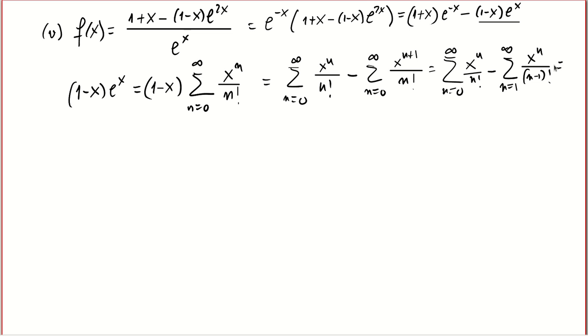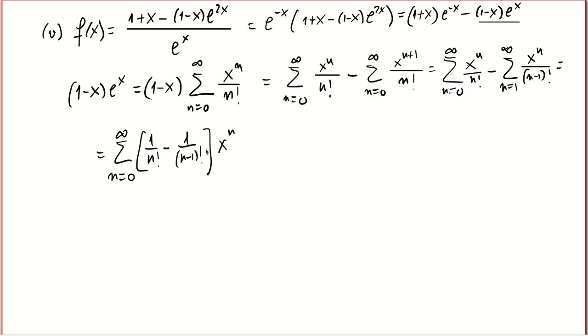Now we can group these two things together, and we have the sum from 0 to infinity of 1 over n factorial minus 1 over n minus 1 factorial times x to the n, right?